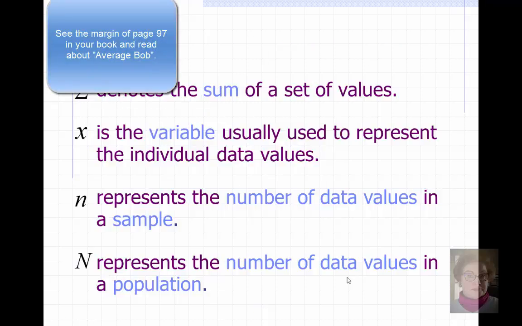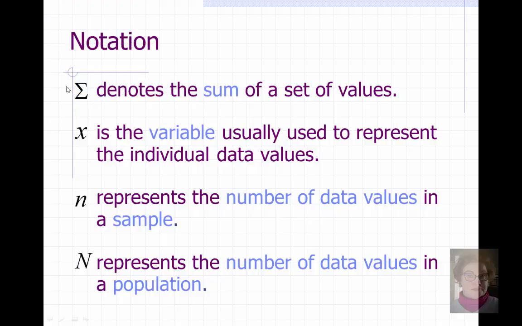Now we have some important notation. This first symbol, which looks like a fancy capital E, is a capital Greek letter sigma. When you see that in front of something, that means you add up whatever follows. So sigma means sum of.